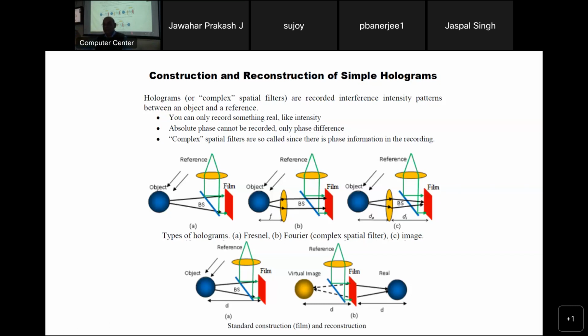Because the resolution in the film is the resolution of the grain size, and the grain size is of the order of 10 nanometers. Silver particles have a size of 10 nanometers. No CCD camera can ever do that. The maximum resolution you can get is 1 micron. So you have to live with it, for convenience.